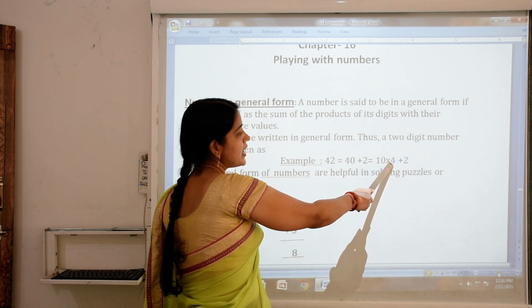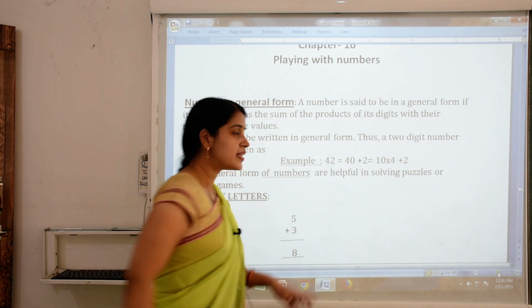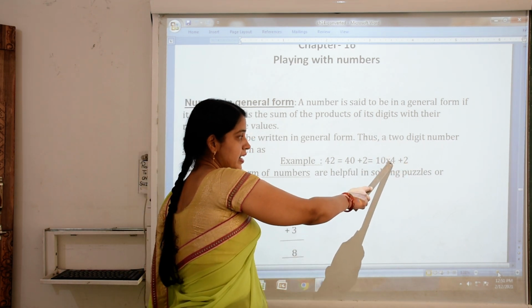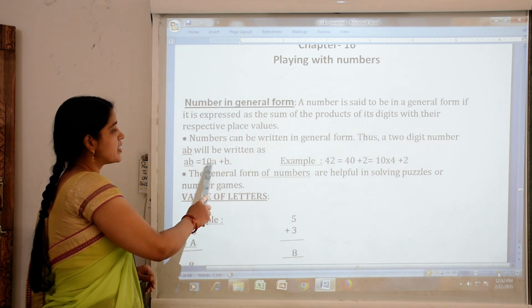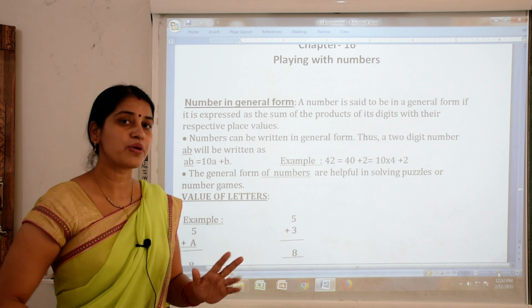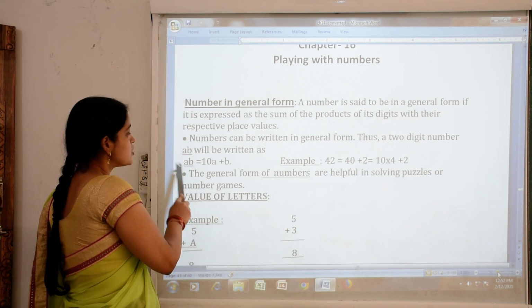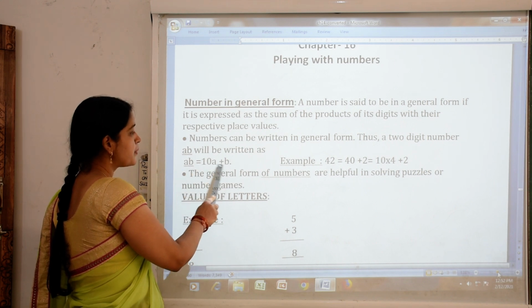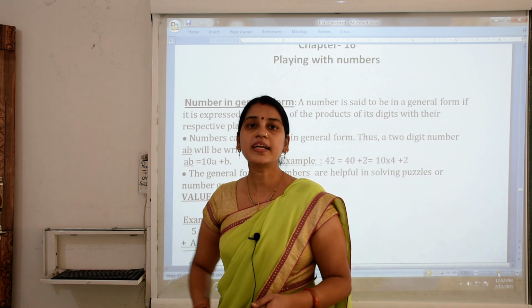A is multiplied by 10 plus B, that means 10A plus B. So this is the general form of a 2-digit number AB.